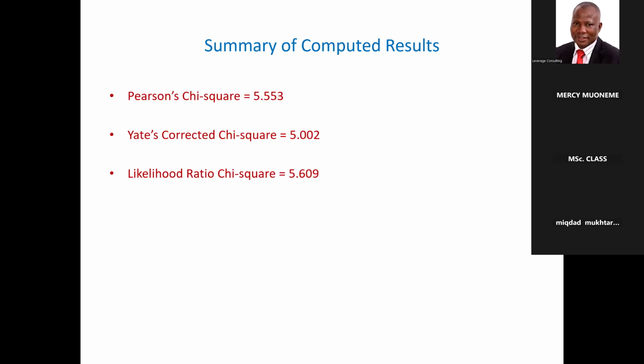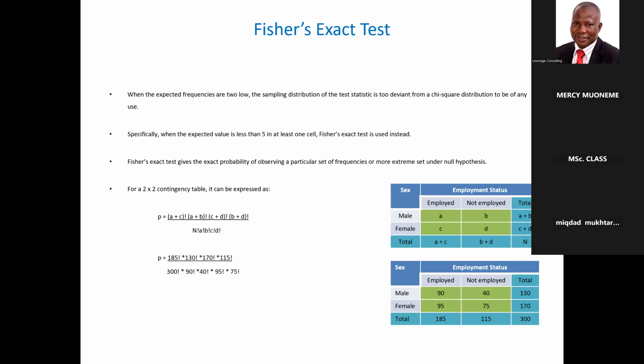So look at the Pearson chi-square, the continuity corrected one. Even the Fisher exact: Fisher exact is a direct probability. Instead of a test statistic with a corresponding p-value, Fisher exact is the p-value.